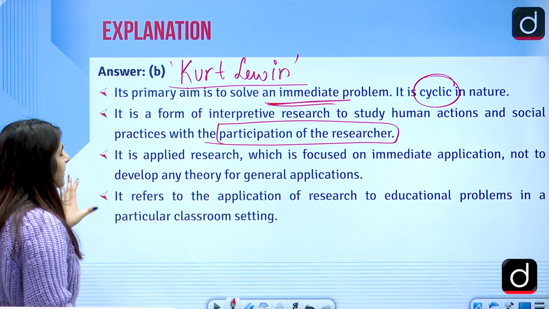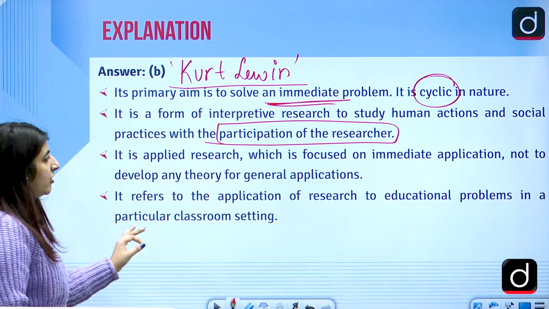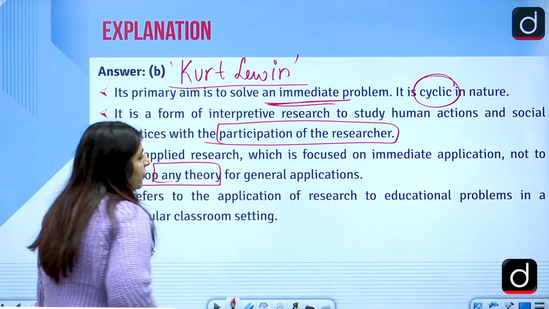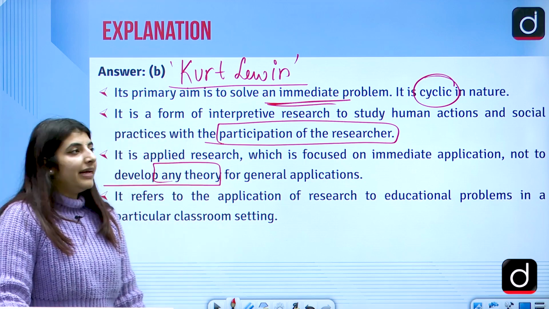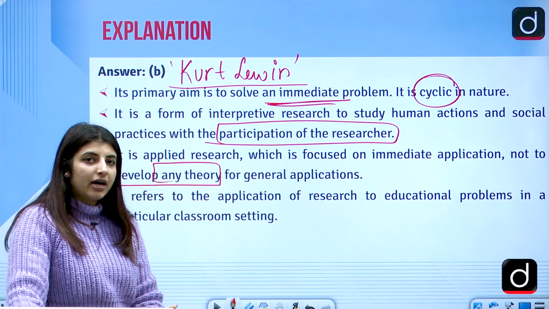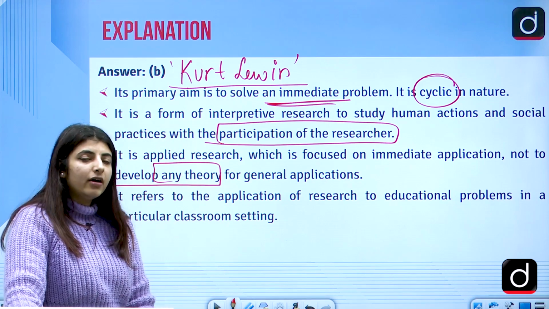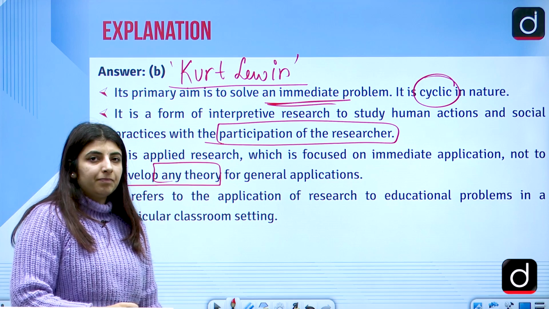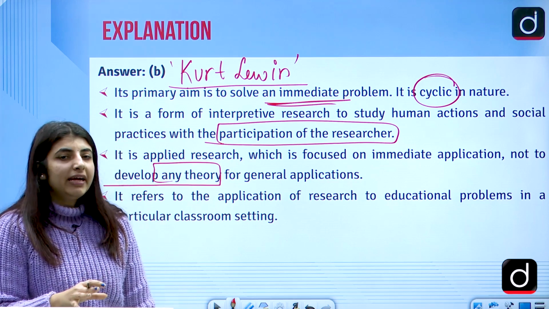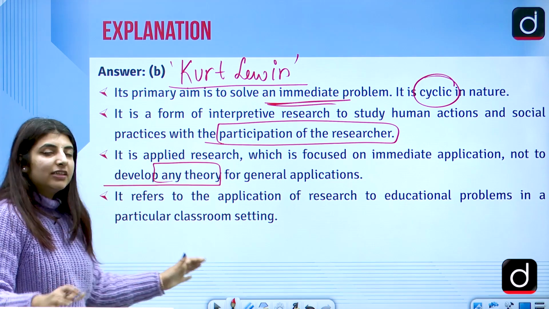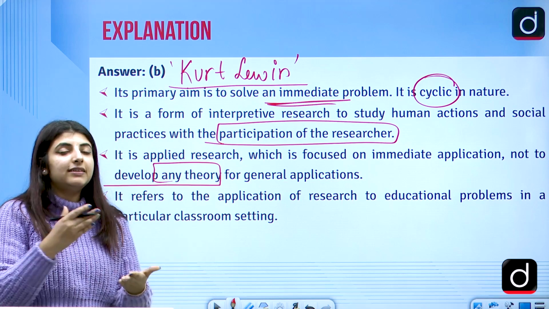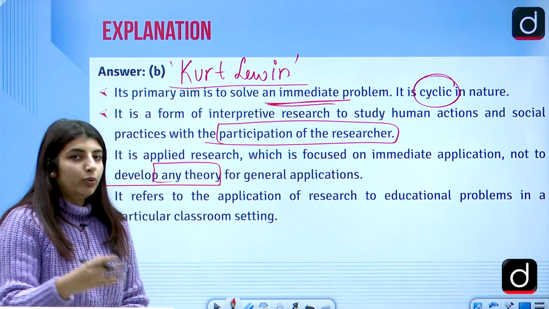It is applied research which is focused on immediate application, not to develop any theory for general application. For instance, as I told you, the teaching part, the theory which you have here is just for a general purpose. So, mind you, this is a differentiation between action and applied, that applied research can be generalized, but action research cannot be generalized because it is done for a particular group only.